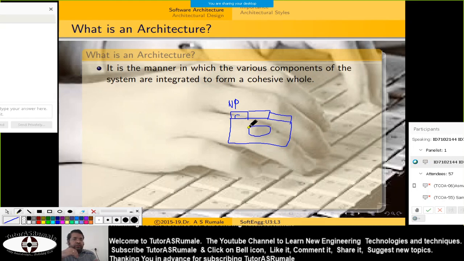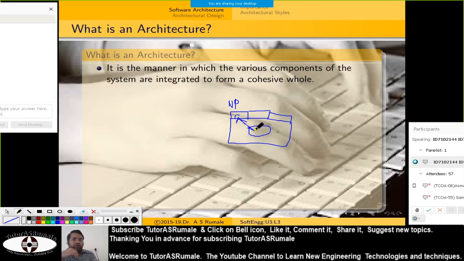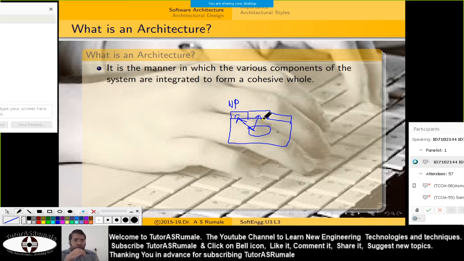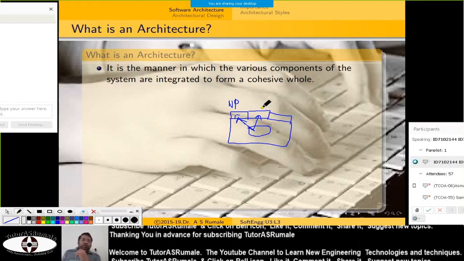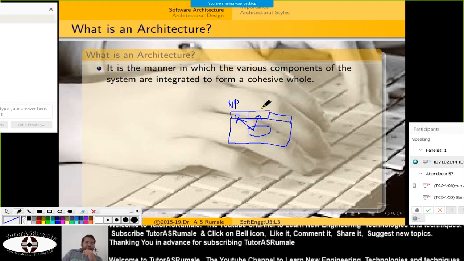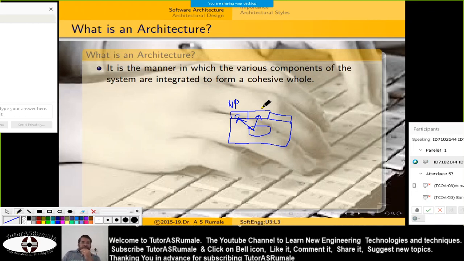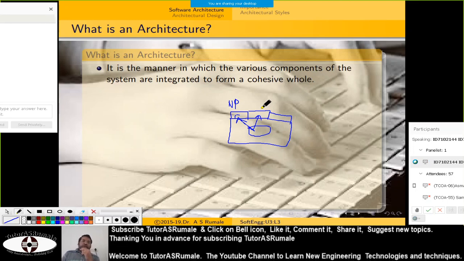The workspace is attached with the file menu and with the edit menu, and this attachment is cohesive. Cohesive means though they are independent from each other, they form a complete system.